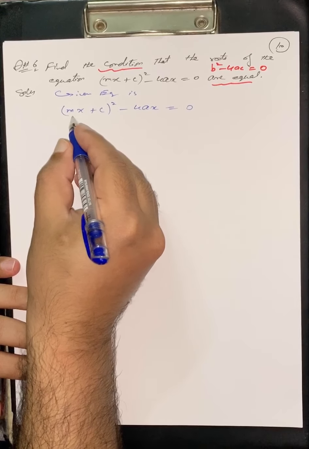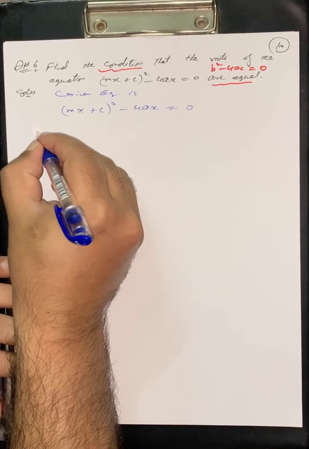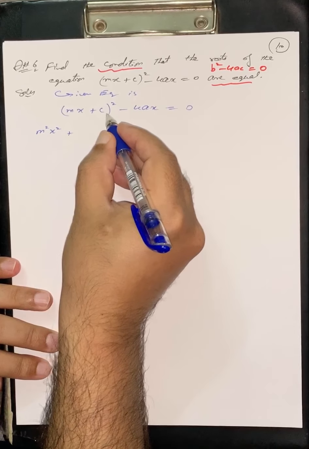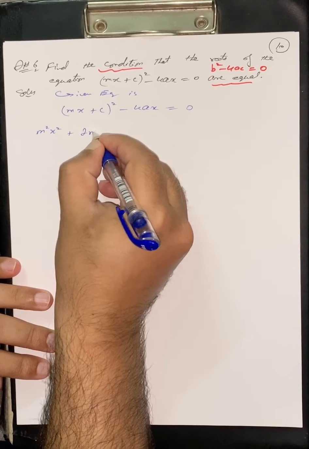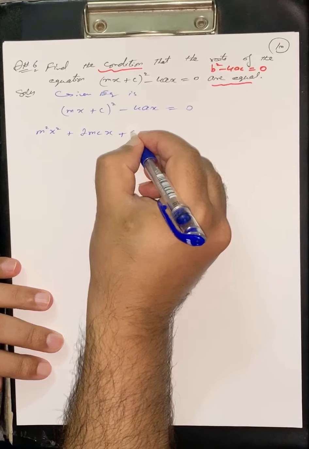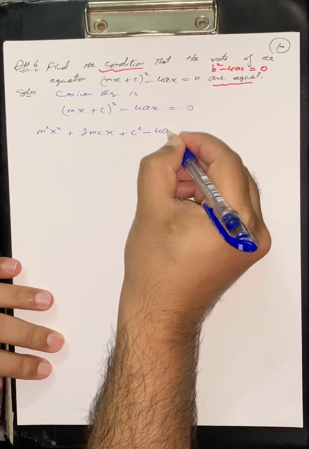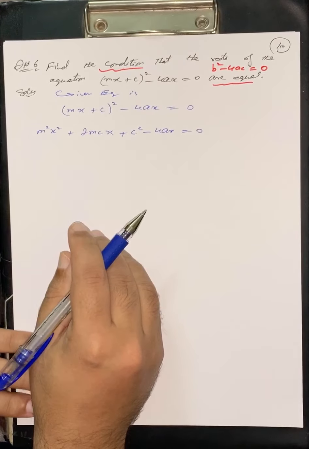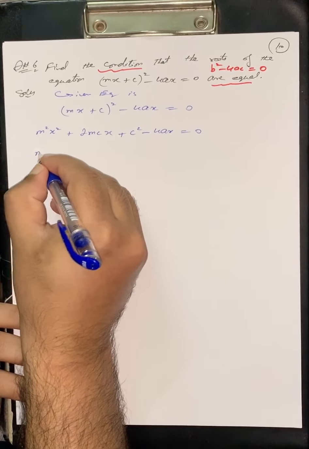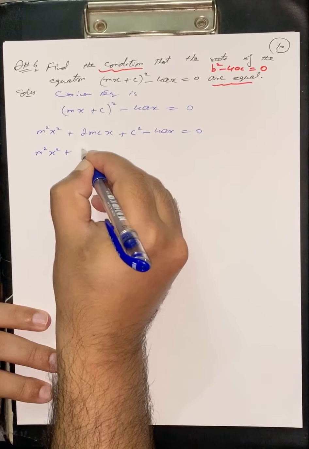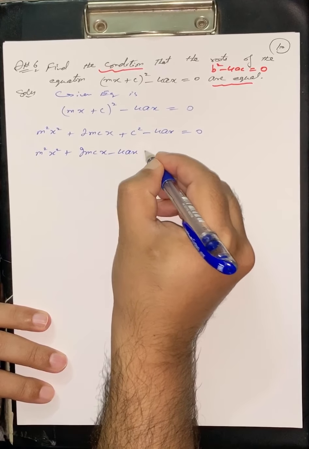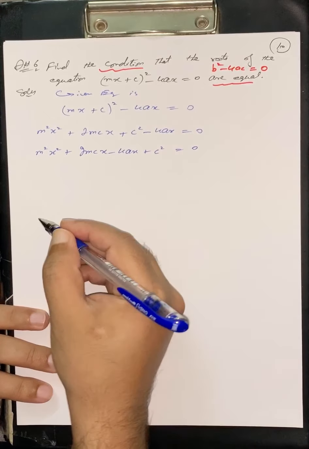A square means m square x square, plus 2ab, that is 2mx multiplied by c, gives 2mcx, plus b square, that is c square, minus 4ax remains the same, equals 0. Now just make the standard form of the quadratic equation. I collect these two terms: m square x square plus 2mcx minus 4ax plus c square equals 0.